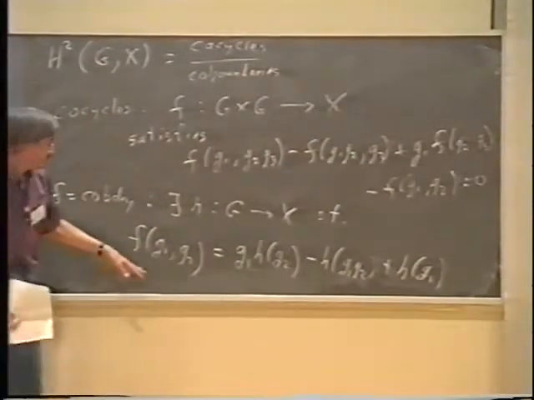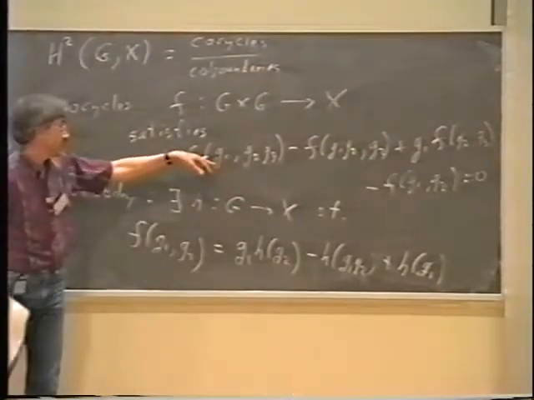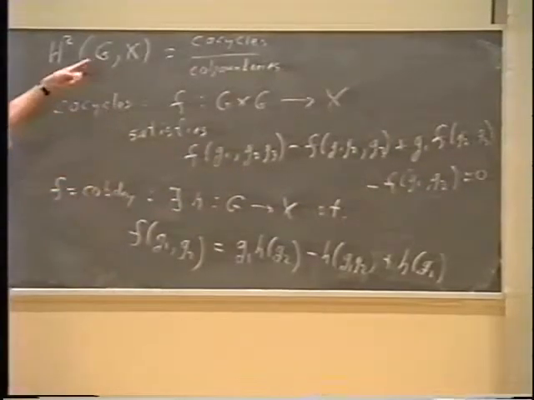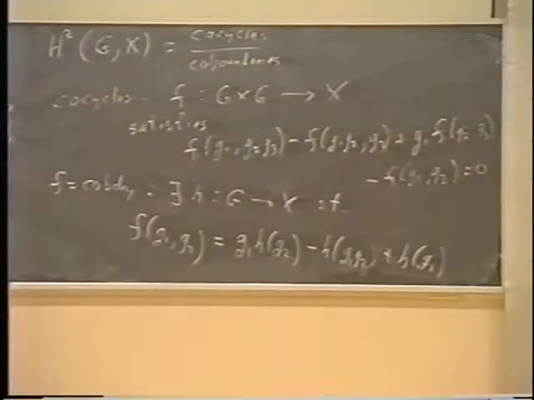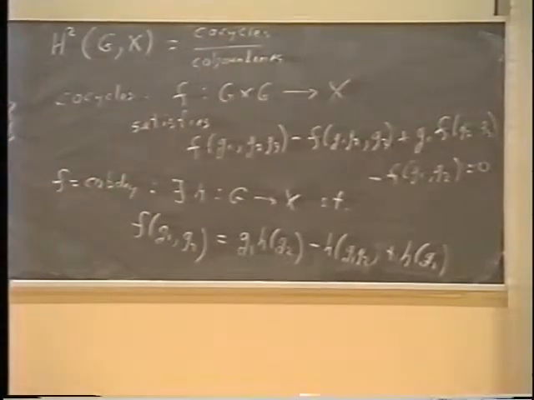Well, it's easy to check that if F satisfies this, it actually satisfies this relation. So the coboundaries are contained in the cocycles. They form groups, and you just mod out, and that gives you H2. Well, that shouldn't be very enlightening.